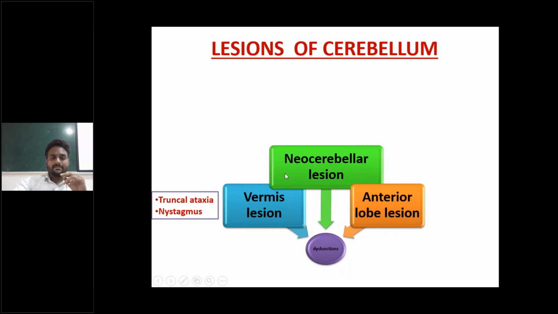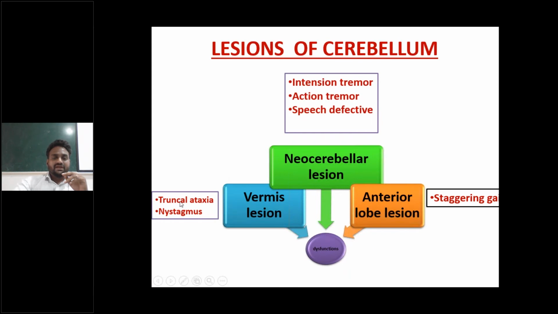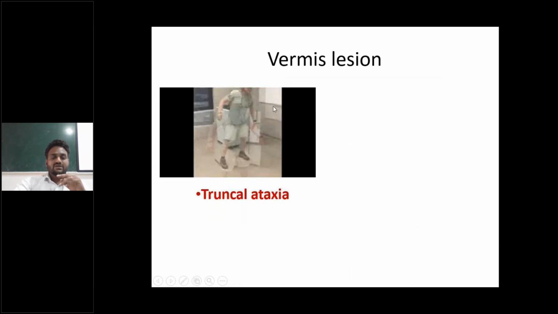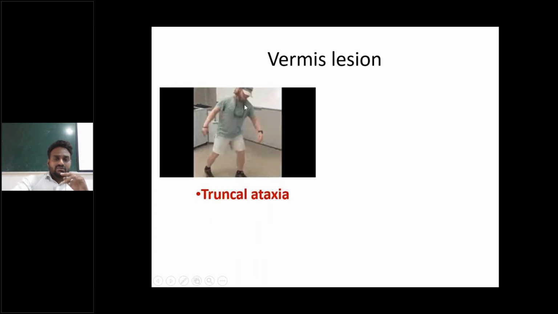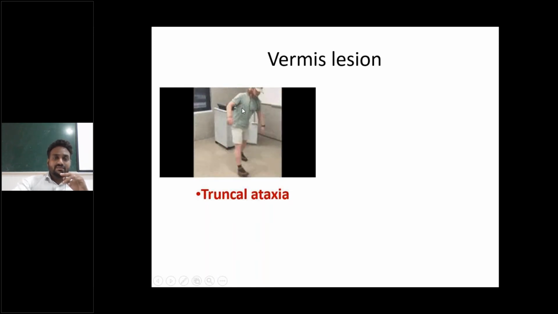Mainly we study truncal ataxia, nystagmus, intention tremor, action tremor, speech defect, and staggering gait. In this picture, truncal ataxia: the trunk is unstable, with deviation of the leg and unequal steps.